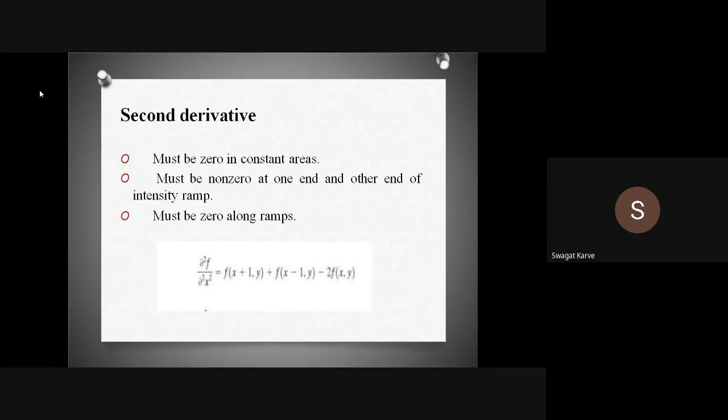Okay, so this is about image sharpening in the spatial domain, or high pass filtering in the spatial domain. These points are there in your syllabus. Today we have finished unit number 3, that is image enhancement.